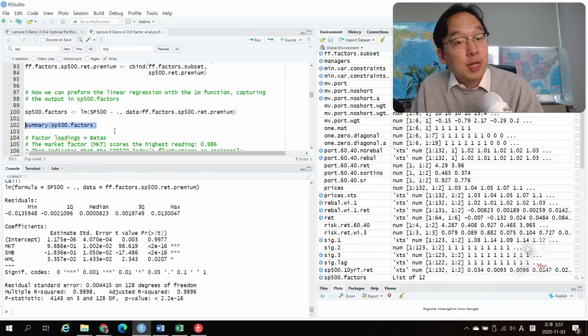Market, size, book to market. So those beta estimates are shown over here, and then the t-stats are shown over there. 98. Holy cow, no kidding, right? Very, very significant, extremely. And then SMB, minus and significant, like this.